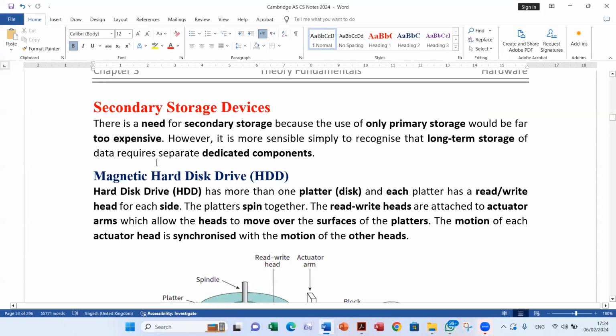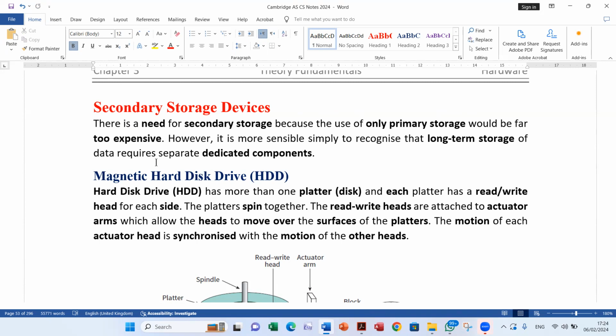There is a need for secondary storage. We need secondary storage because the use of only primary storage would be far too expensive. You cannot have a computer with only RAM. It's very expensive.